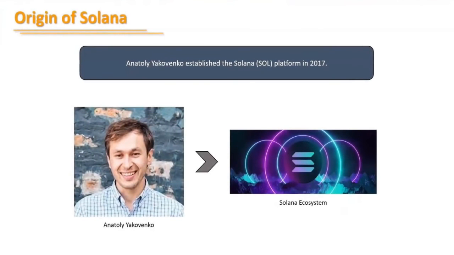Anatoly Yakovenko established the Solana platform in 2017. Before launching Solana, Yakovenko worked at Qualcomm after working as a software engineer at Dropbox. He has a wide spectrum of knowledge with compression methods.